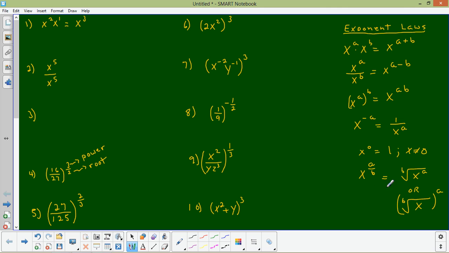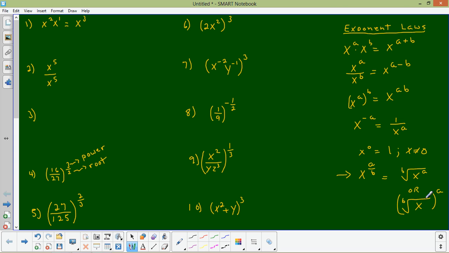We've shown that over here in this last exponent law. X to the a over b power is the bth root of x to the a, or you can write it as the bth root of x, to the a, because the power and the root are at the same level in terms of order of operation. So it doesn't matter which one you do first.